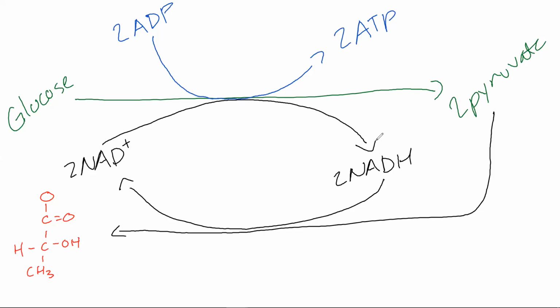Does that make sense? Yes. All right, everybody's good? Is this all within glycolysis? Yes, because you can't do the Krebs cycle or the electron transport chain if you don't have oxygen.